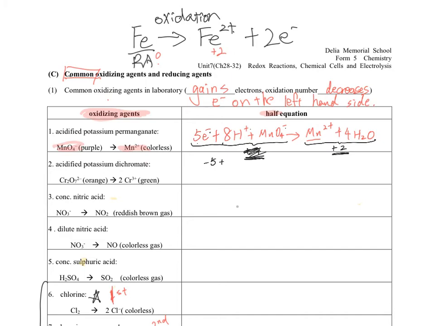Negative 5 plus 8 minus 1, it's positive 2. And on the right hand side is also positive 2. So now they are the same. So I know that I did it correctly. And then I will do one more for you as example. Then it's your turn to balance the others.